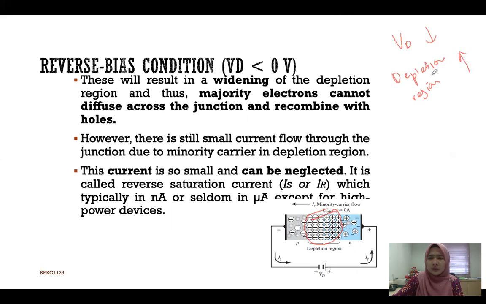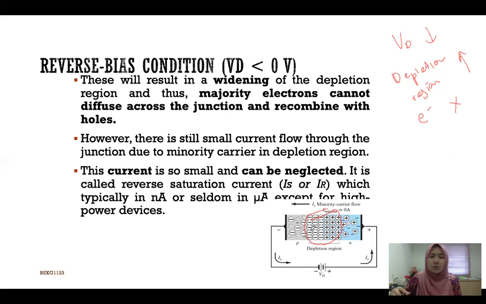When the depletion region is increased, meaning the potential barrier voltage here is increased, the majority of the electrons cannot diffuse across the junction to go to the P region.